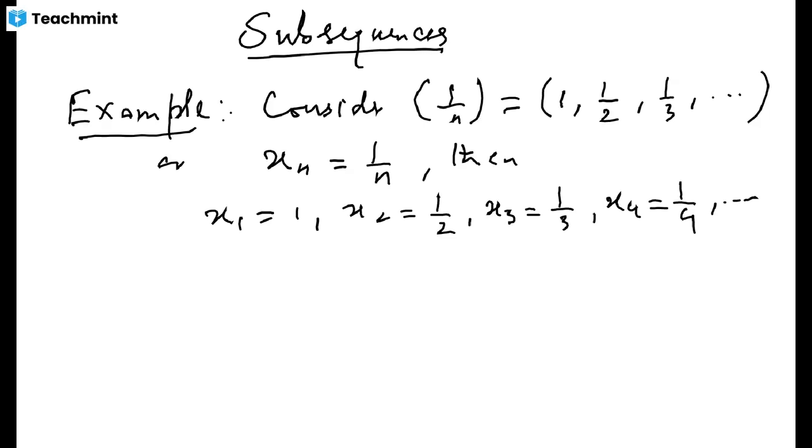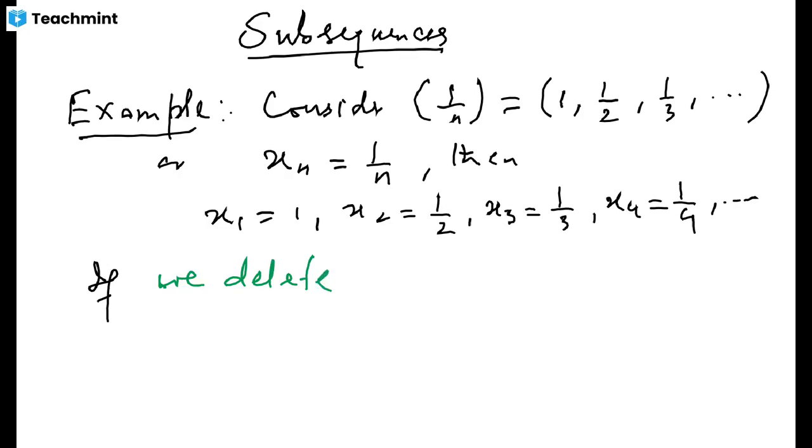For example, if I delete all the terms of this sequence with odd indices, जिसके भी हैं सारे delete करूंगा, let me give a different color to it. This is just an example, we can do it in many other ways.